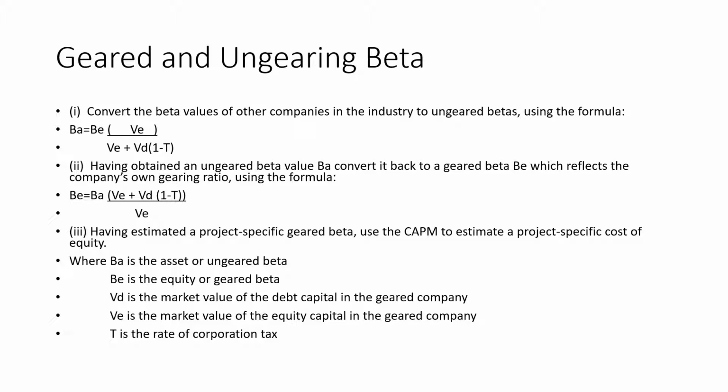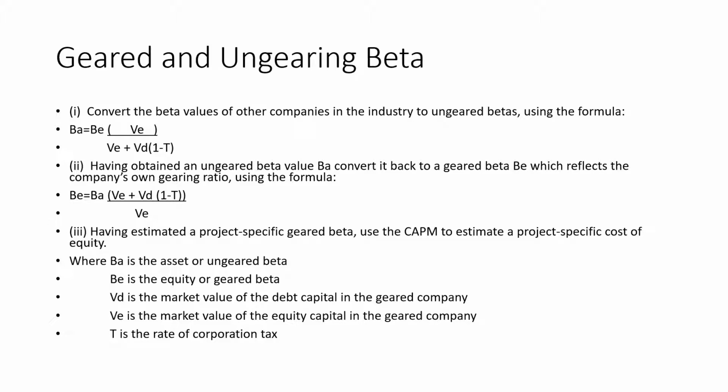Having obtained an ungeared beta value BA, convert it back to a geared beta BE, which reflects the company's own gearing ratio using the formula BE equals BA open bracket VE plus VD less tax close bracket divide VE.